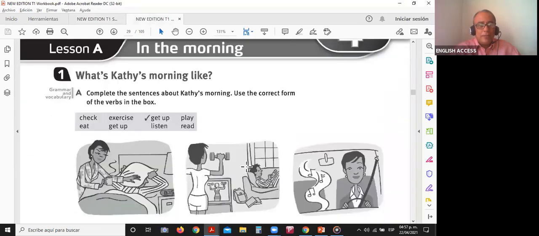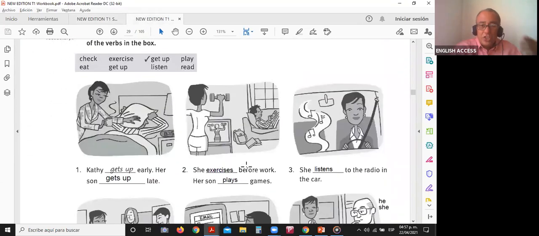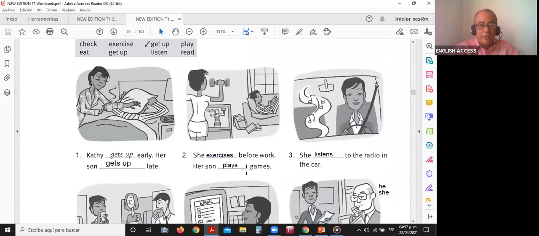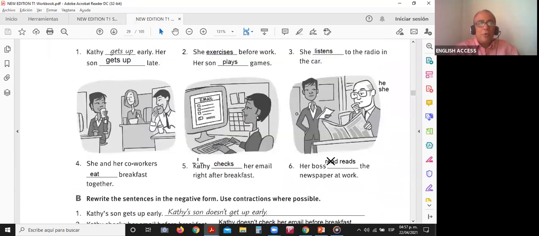Remember, here we change these verbs in this exercise. In this exercise, her son gets up. She exercises. Her son plays. She listens to the radio. Can you read number 4, Antonio?